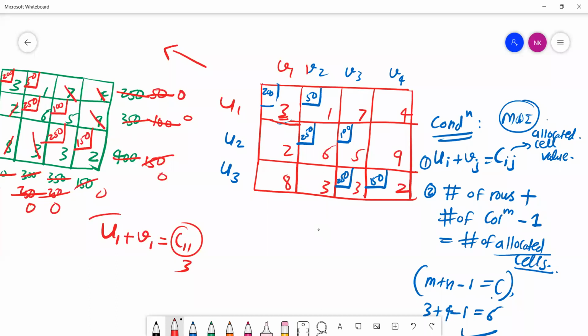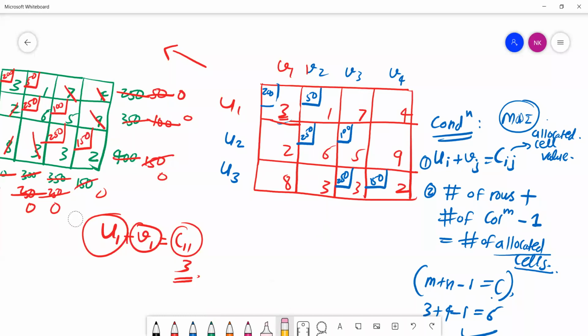We will be adjusting the values of U and V corresponding to this 3. So what we are trying to do is balance things out. U is for the rows, V is for the columns, and Cij is the allocated cell value. The cell which is allocated the weightage will be considered over here.